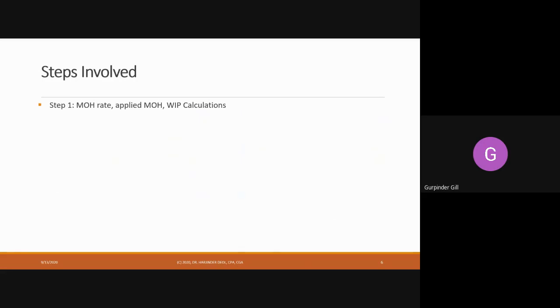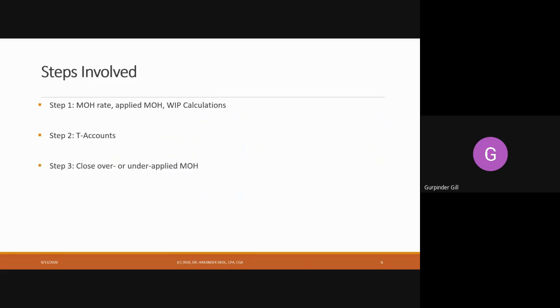Now, the steps involved in job order costing. On a broader level, there are four major steps. Step one is calculating the manufacturing overhead rate. We will apply that manufacturing overhead rate, then do the work in process calculation. Step two is to prepare our T accounts.